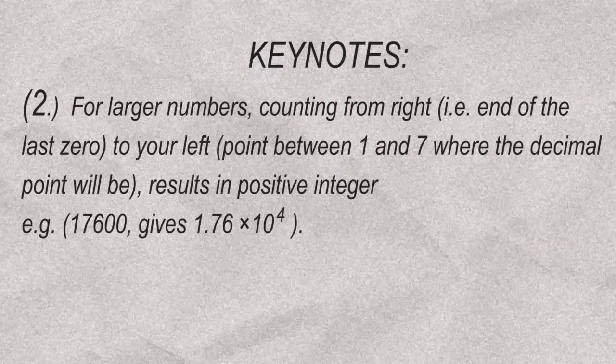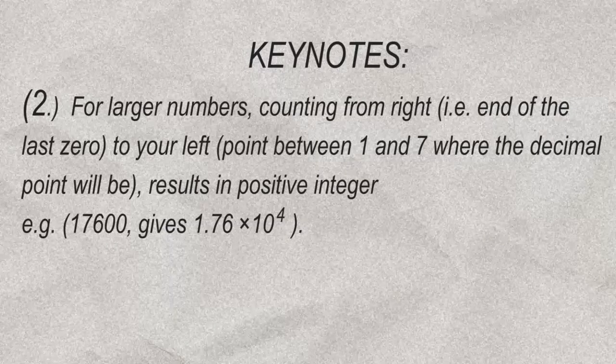We are going to put the point after 1, that is between 1 and 7. So we have 1.76 times 10 raised to power 4, because counting from the point between 1 and 7 to our right-hand side gives 4 decimal places. So for a larger number, we count from the last 0 on our right-hand side down to the what?